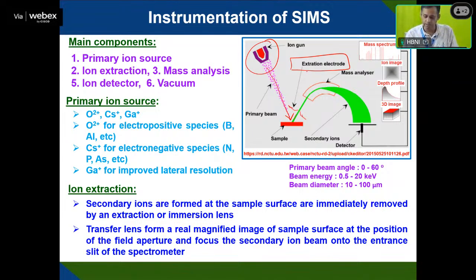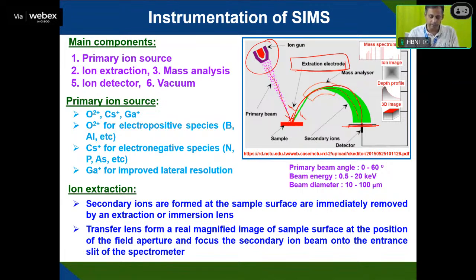Whatever secondary ions are generated are extracted from there and sent to the mass analyzer here. Then we have an ion detector here, and high vacuum is maintained. Once the ions are produced, they go on high potential and reach the ion detector.